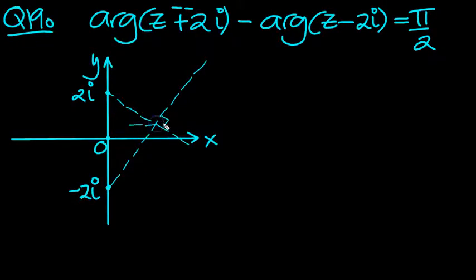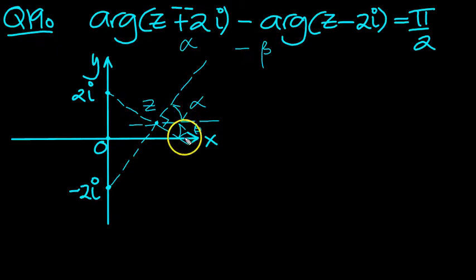If I draw a horizontal here, say, then this angle here is going to be arg z minus, this would be the angle alpha, minus the angle beta, z, which is the point here, of course, would be z minus 2i. So this angle here is beta.